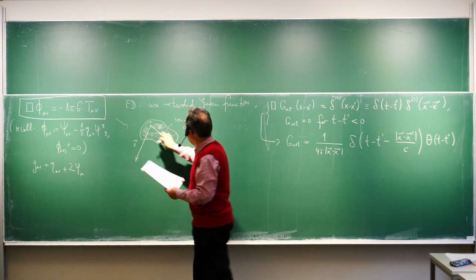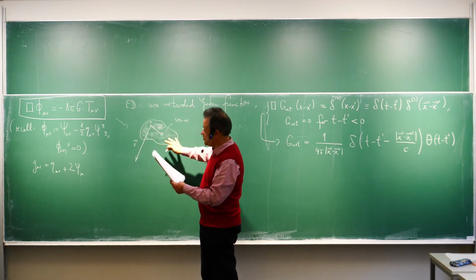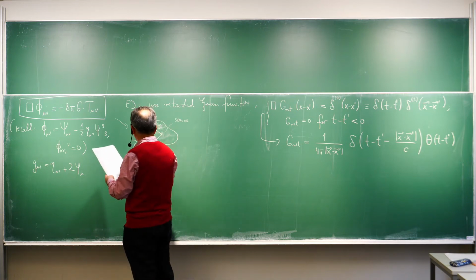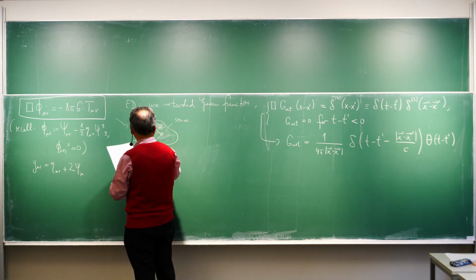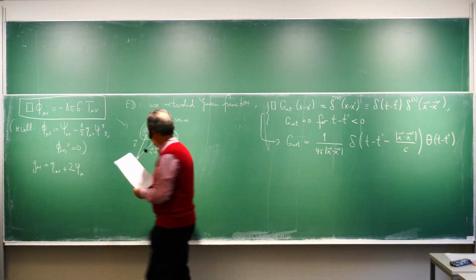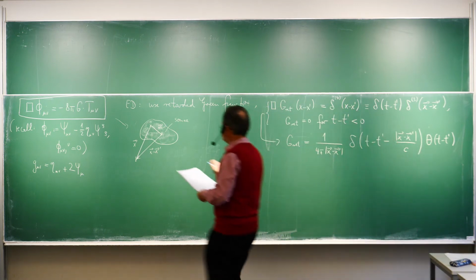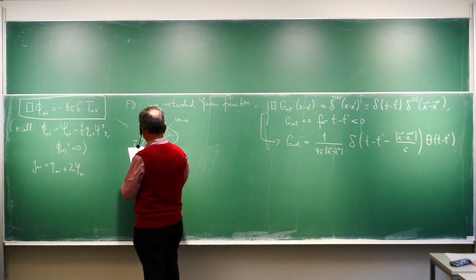So x prime will vary across the source here, and this here then apparently is x minus x prime, and I call this r. So the absolute value of this is r.